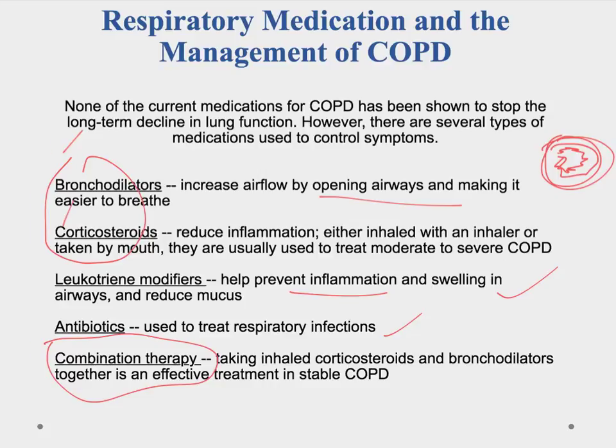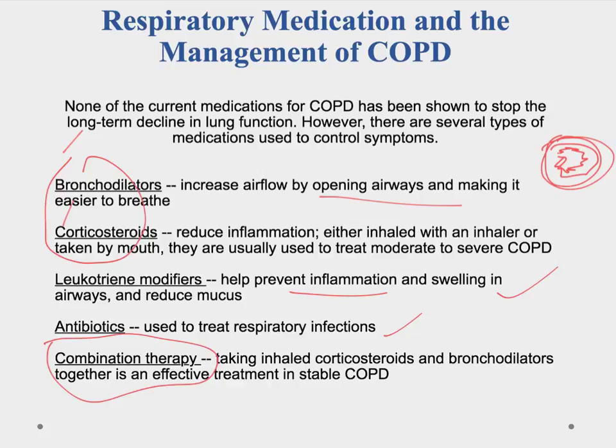So remember, talking about steroids, they decrease inflammation, and by doing that, they also decrease the immune response. So superinfections in the mouth can occur with an inhaled steroid.